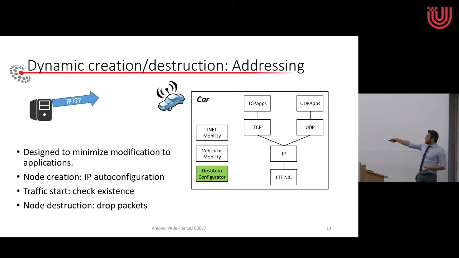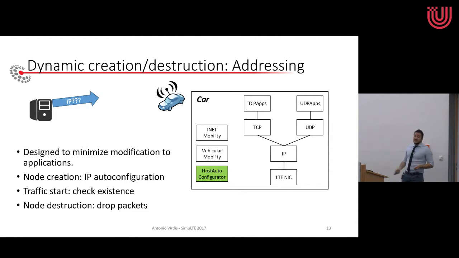The application will still access the car using its symbolic address, but the good thing is that that symbolic address will be associated to an actual IP in the network, so it will be used to route the traffic throughout the whole network. This solution is thought to minimize the impact on existing applications rather than creating new ones, so you can use pre-existing applications.